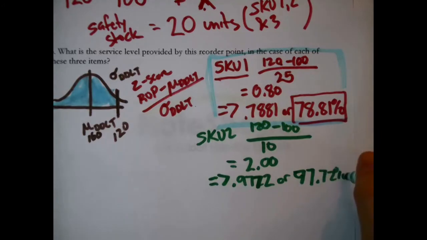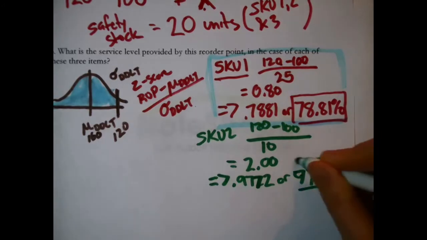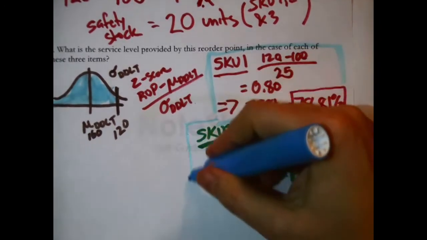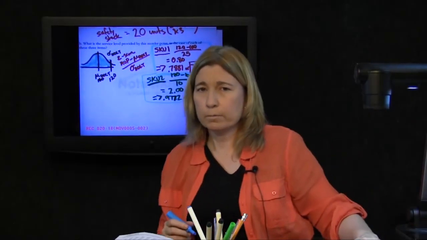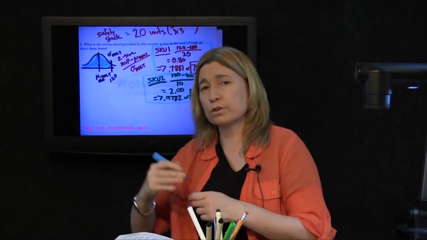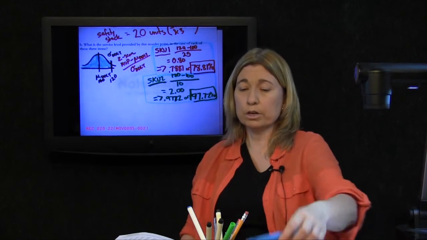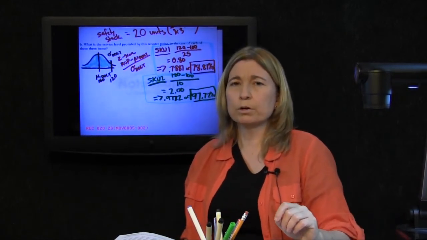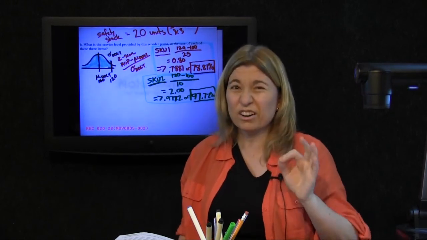That's the service level associated with the second stock keeping unit. So even though it has the same reorder point, 120, there's a higher service level with the second stock keeping unit. 98% of the time you'll have enough if you reorder at 120 because it doesn't vary as much.